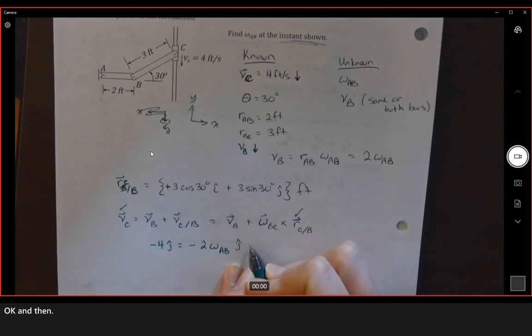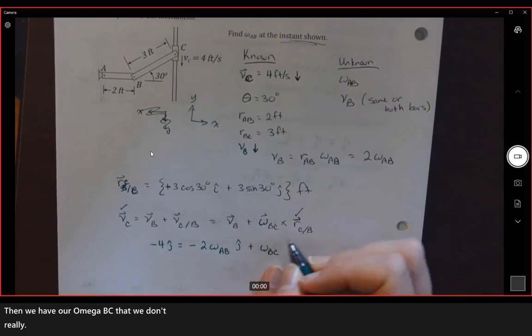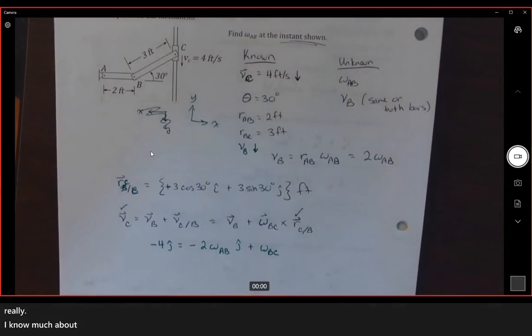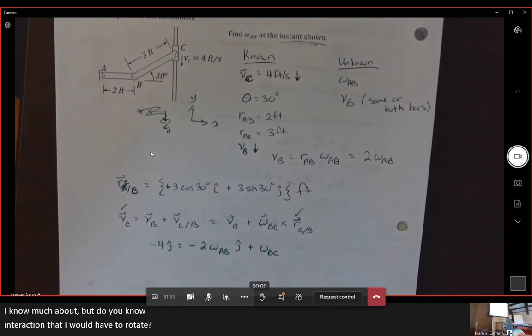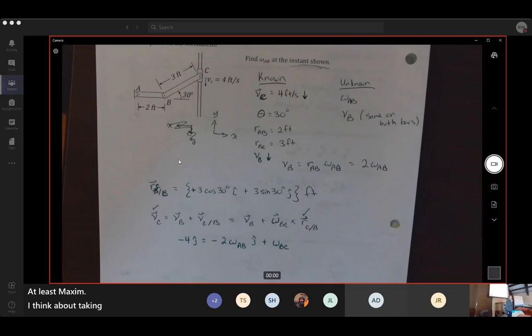Then we have our omega BC that we don't really know much about, but do we know a direction that it would have to rotate? Or at least an axis? It's in a clockwise fashion, because C is going down.